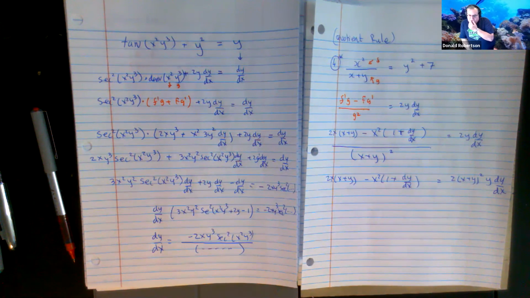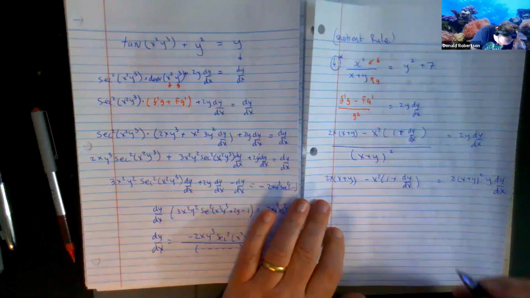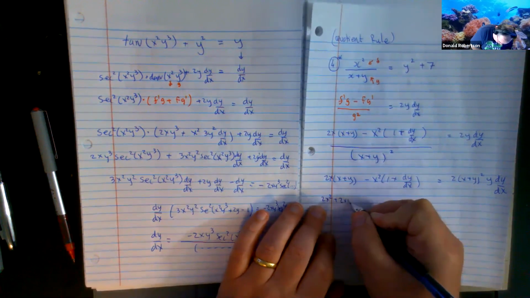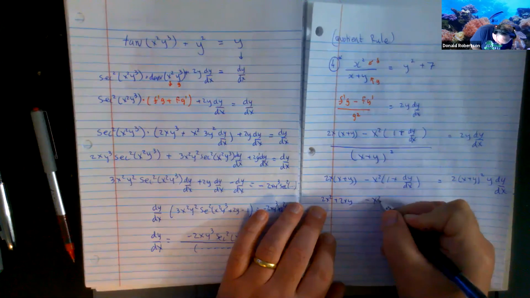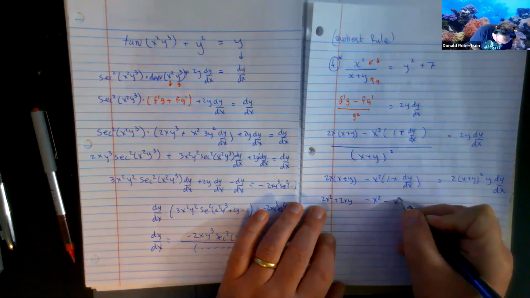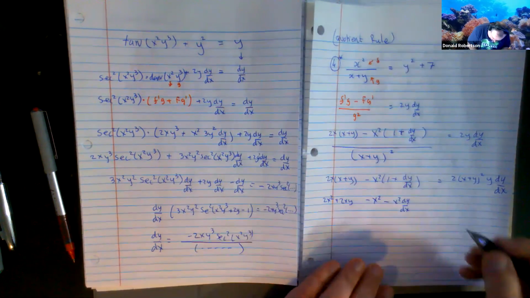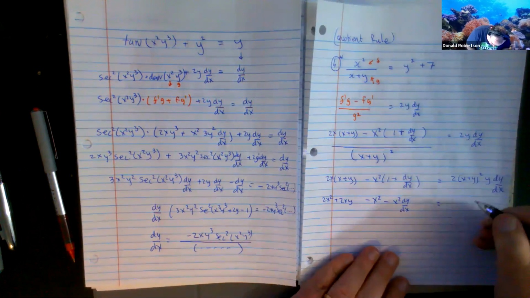What do you think we should do next? Distribute. Okay. 2x squared, 2xy, minus x squared, minus x squared dy by dx equals x squared y.